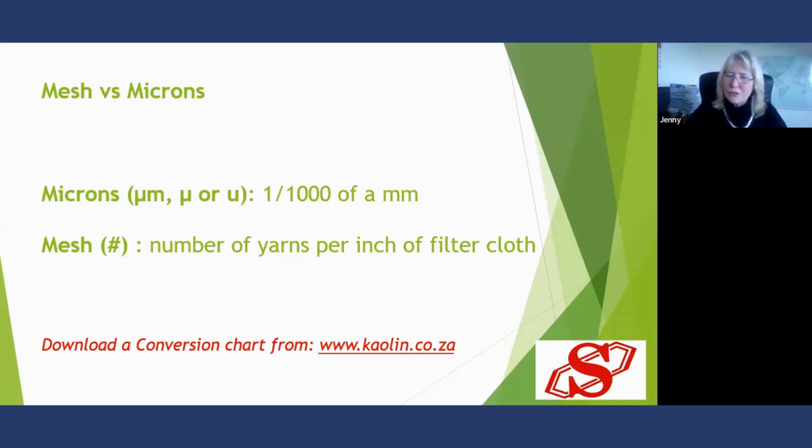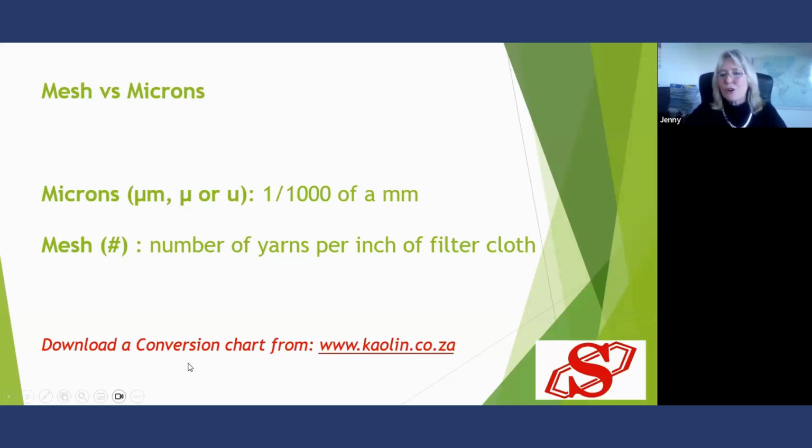And if there's only a few yarns, then bigger particles will go through. So that shows that there's an inverse relationship between mesh and actual particle size. If it's a high mesh number, it's a small particle size, and vice versa. The symbol for mesh is the hash sign.